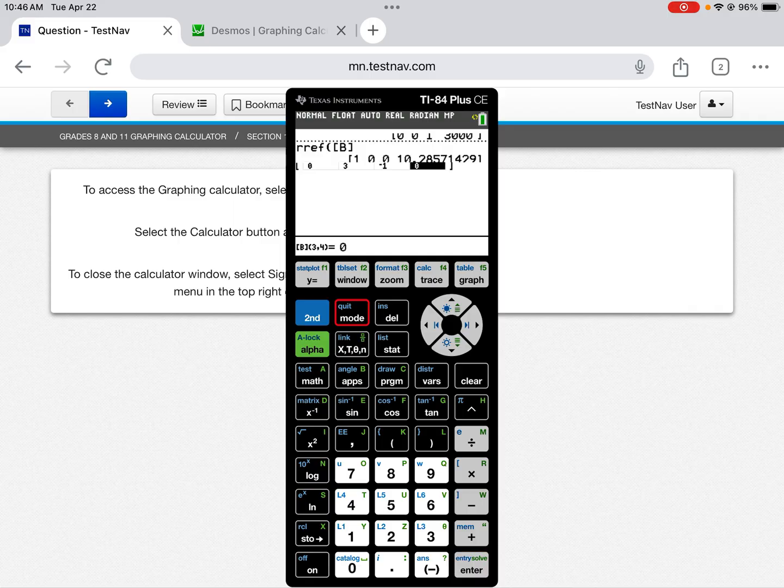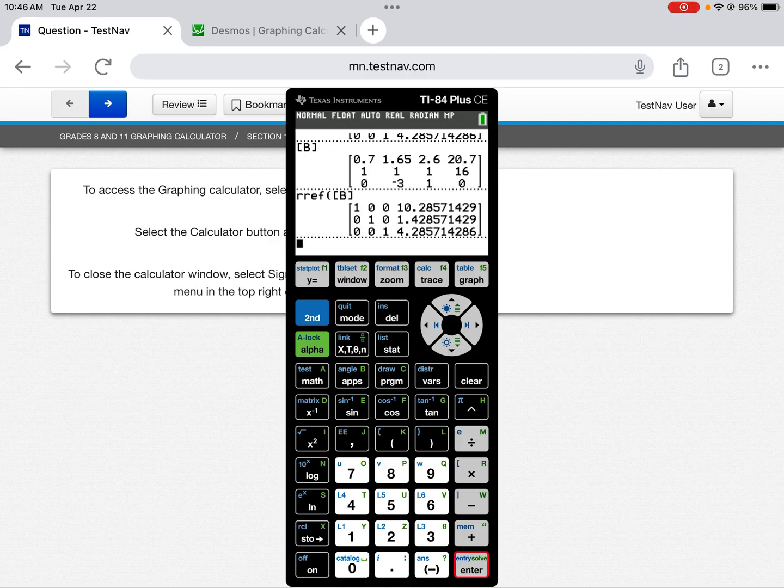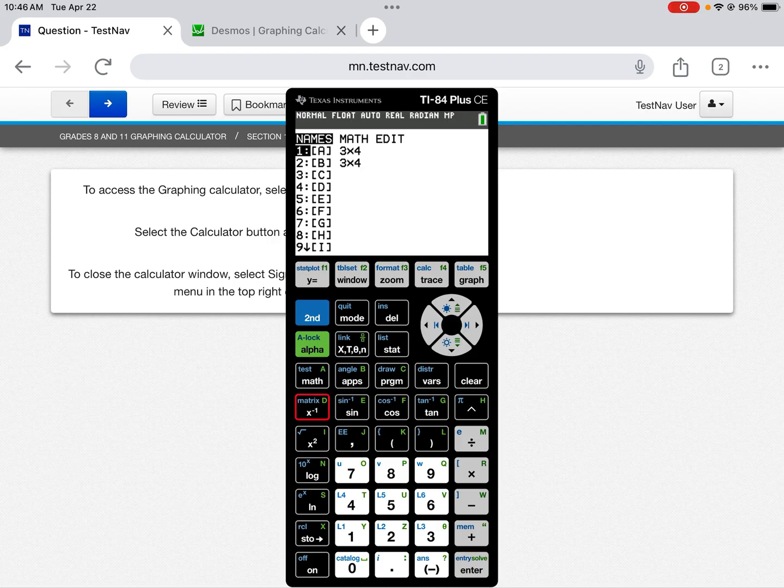And then go second quit. And then we get back, we just throw echelon form. That didn't work either. Okay, let's put it back because I feel the other way was right. I might have a typo in the question more than in the math.